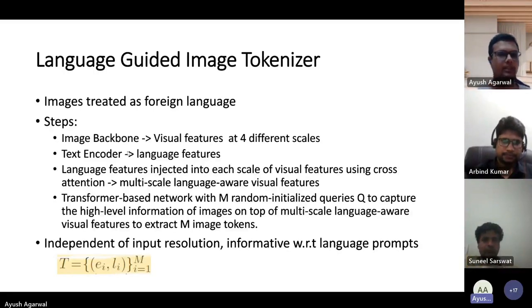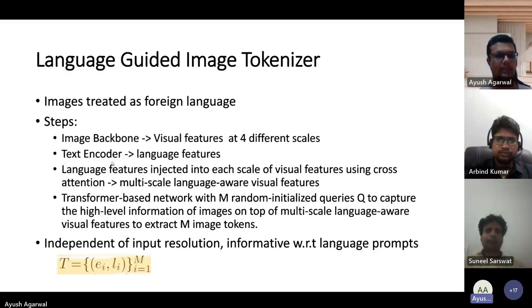They pass it to an image backbone, and they have used two of those. One is ResNet, our classic one, and one is InternImage, which is quite a new architecture based on CNNs. This image backbone gives us the visual features, calculated at four different scales to aid with smaller objects as well.